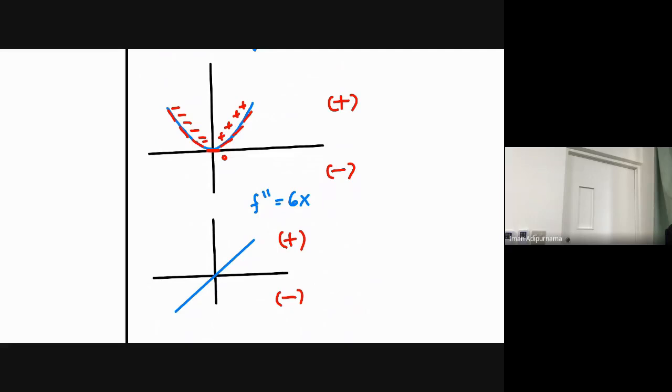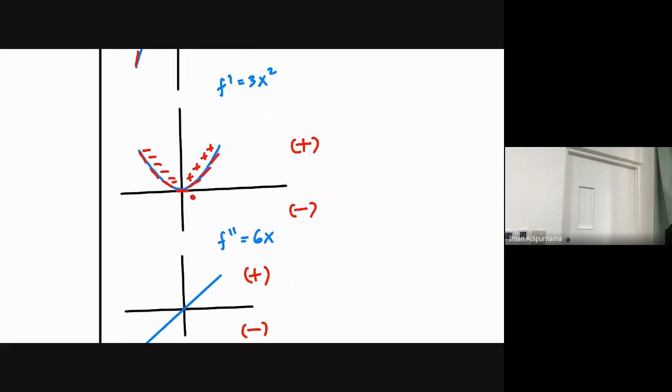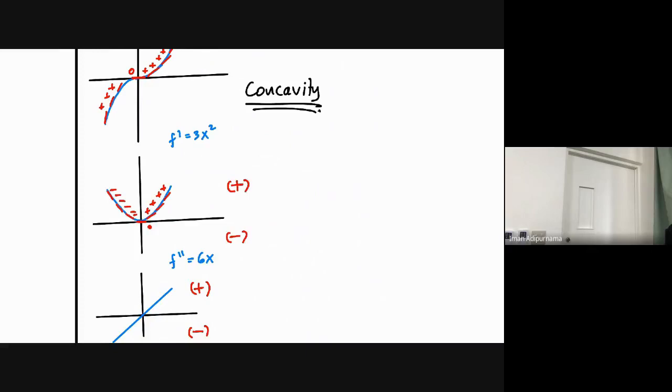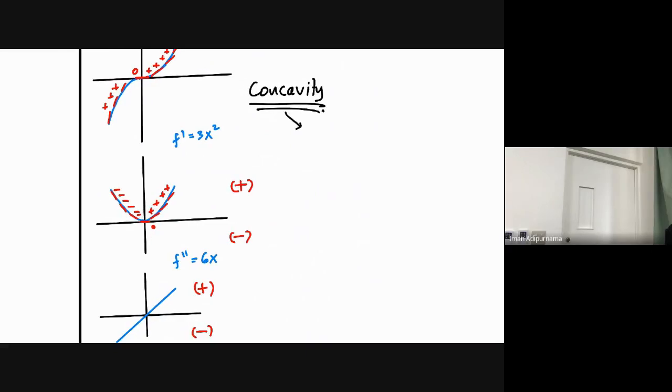This is what we call concavity. It has two types: concavity upwards and concavity downwards.